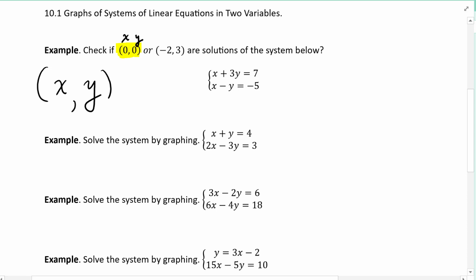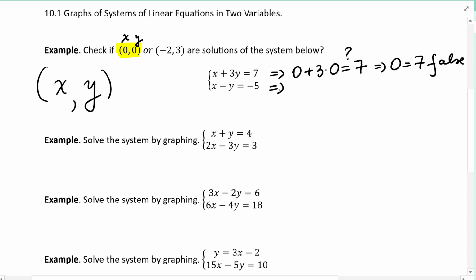So let's replace in the system everywhere we see x with 0 and everywhere we see y with 0. So we get 0 plus 3 times 0 equals 7. Well, this means 0 equals 7. That's false. So basically, the pair 0, 0 is not a solution of the system below.